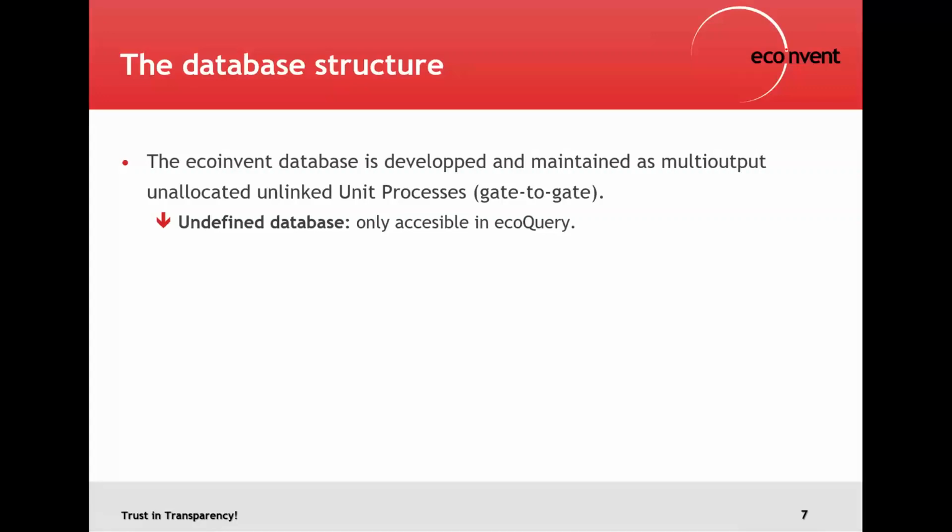on the ecoinvent website. Those uniprocesses in the undefined database are created and maintained in a form where they are the closest to the physical reality of the processes they are representing. What I mean is that they will have several co-products, if of course this is appropriate for the process.